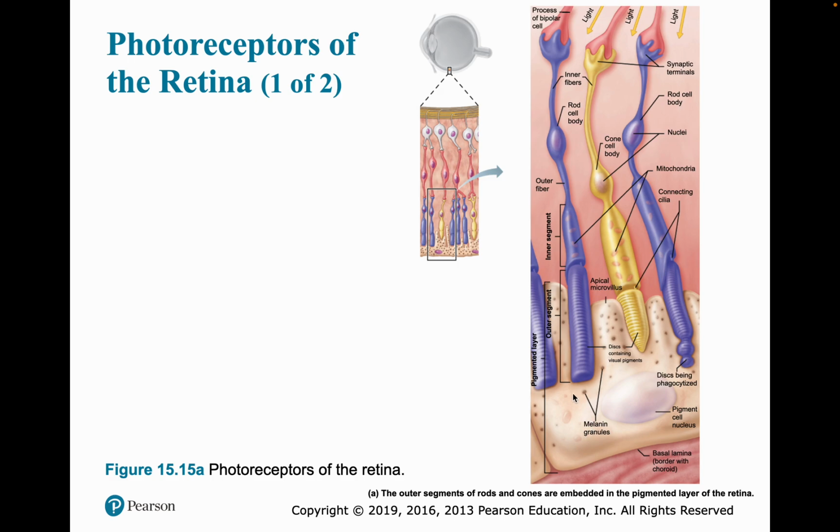So here's a photoreceptor. This is our cell body. The inner fiber and outer fiber, then the inner segment, and the outer segment where our discs containing photopigments are found.